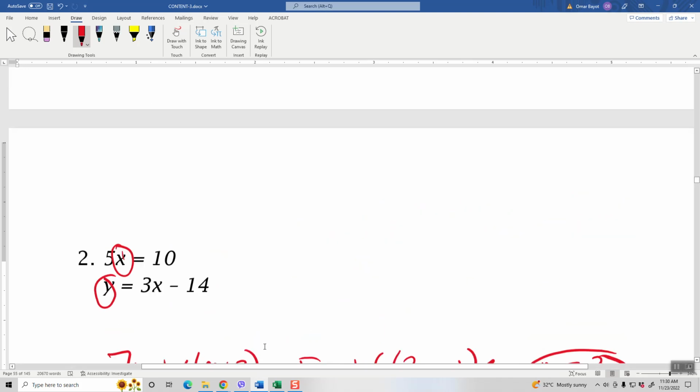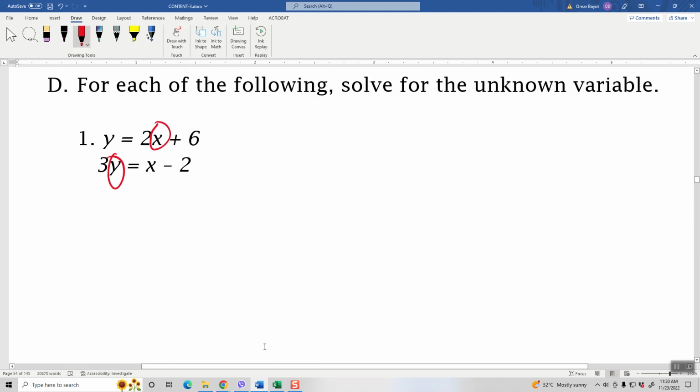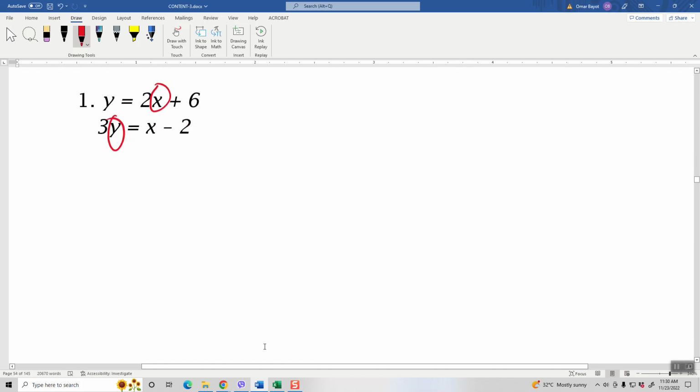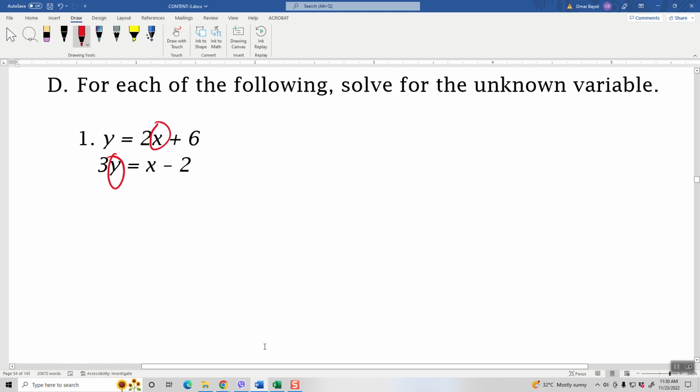So let's proceed now to two equations, two unknowns. Okay, for number 1. So like I said, if there are two variables or two unknowns, you must have two equations. So here, problem D1, you have equation 1 and you have equation 2.